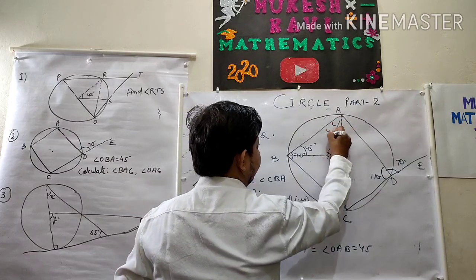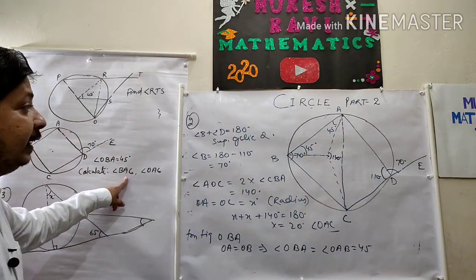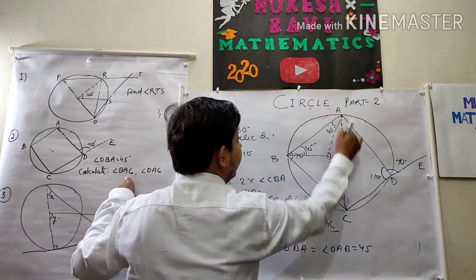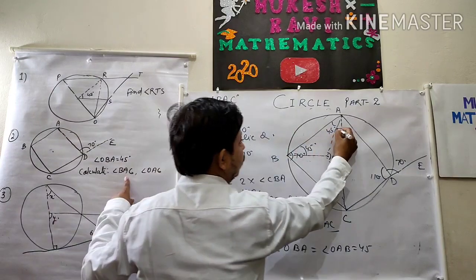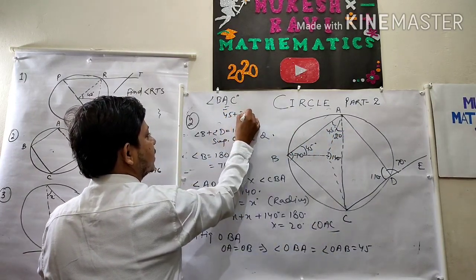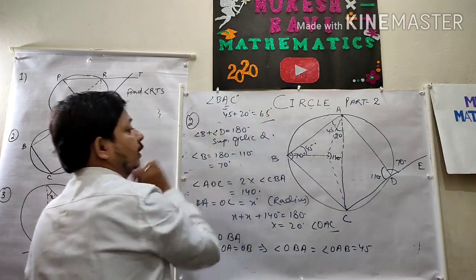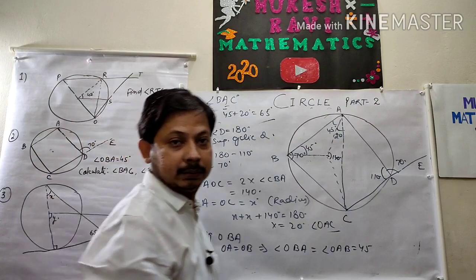So this is your 45. So you have to find angle BAC. This is your 20. So 45 plus 20. This is Mukesh Ravi Mathematics 2020. By using the previous knowledge, you are able to solve the question.